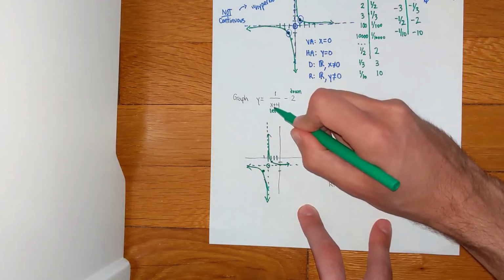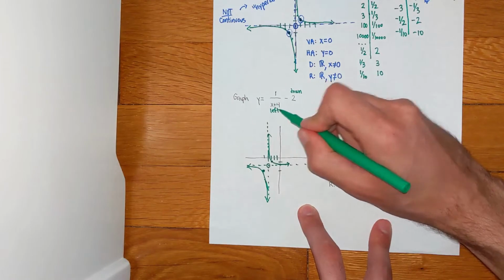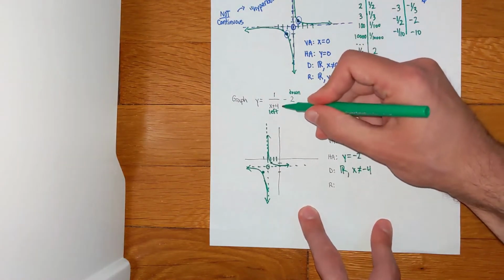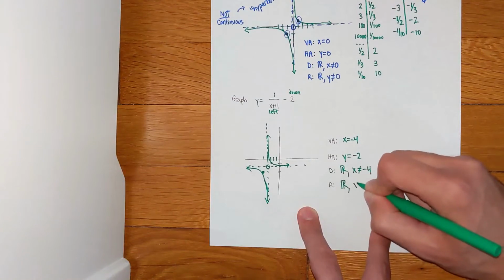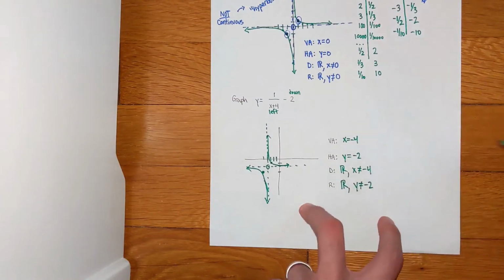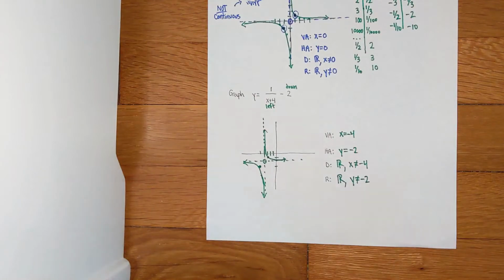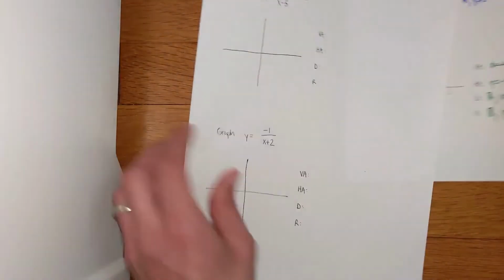Incidentally, that totally makes sense because if I put in a negative 4, I would divide by 0. So this is consistent with what we've learned about restrictions. And the range is going to be all real numbers, except that y can't equal a negative 2.